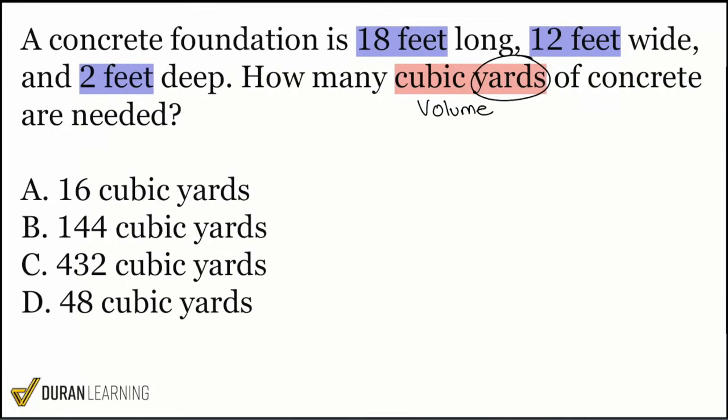That's the biggest problem, because when we want to perform our volume formula, length times width times height, we are expecting our unit to be cubic yards. And to be able to do that, we are going to need yards times yards times yards. That's what we're going to need. So we're not just going to be doing 18 times 12 times 2. We have got to convert first.